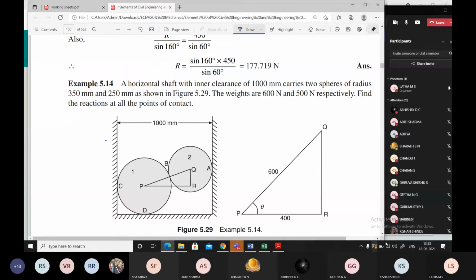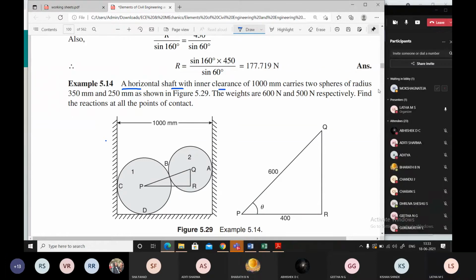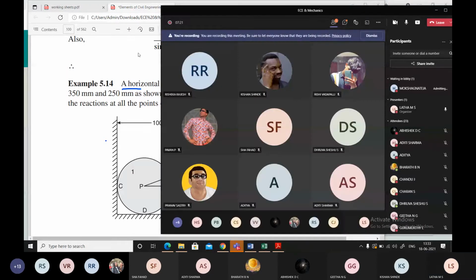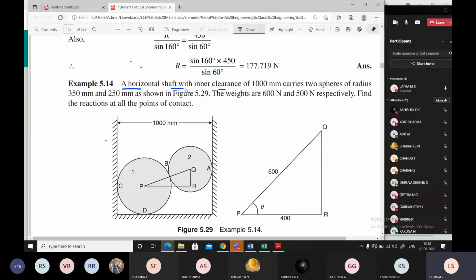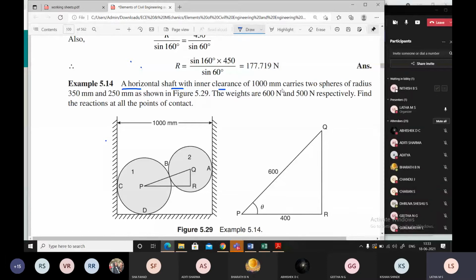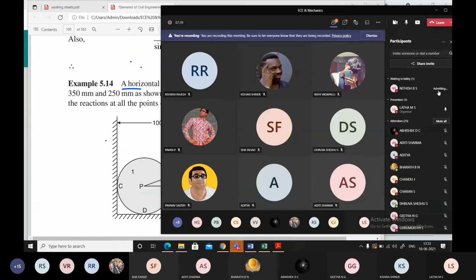Take this problem. A horizontal shaft with inner clearance of 1000 mm. A horizontal shaft with inner clearance of, repeat. The screen is visible, students.